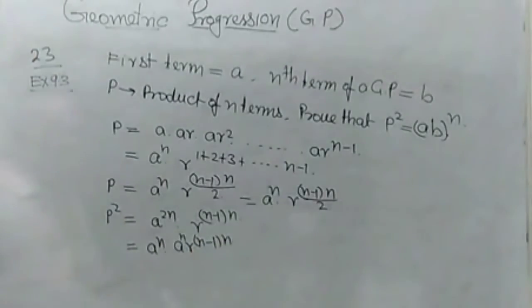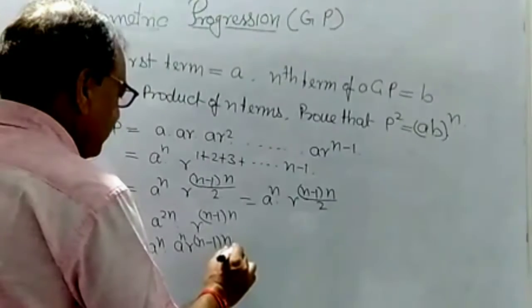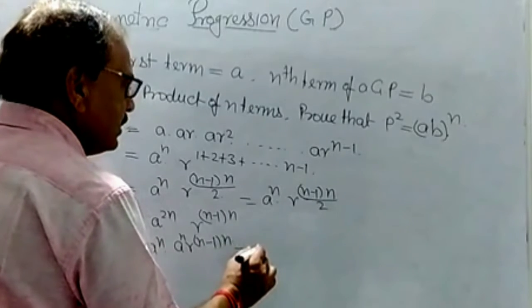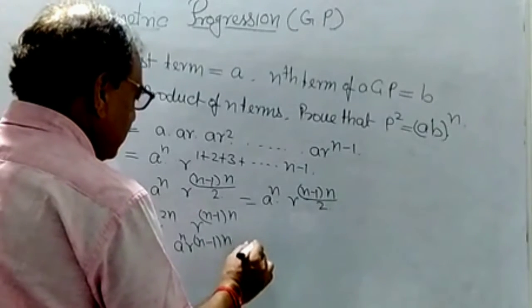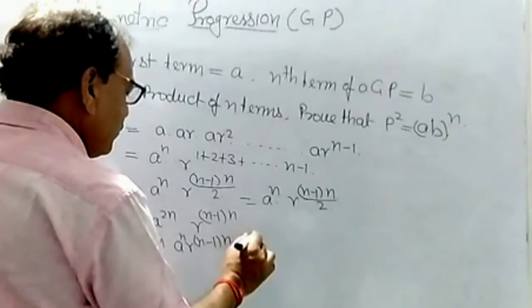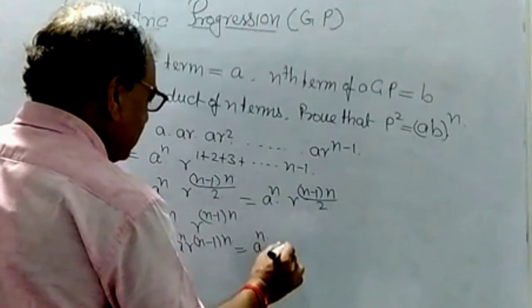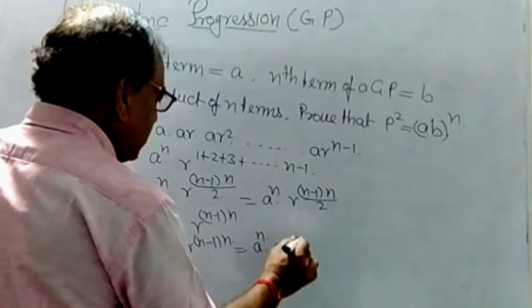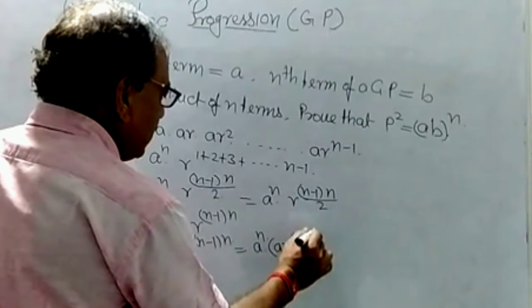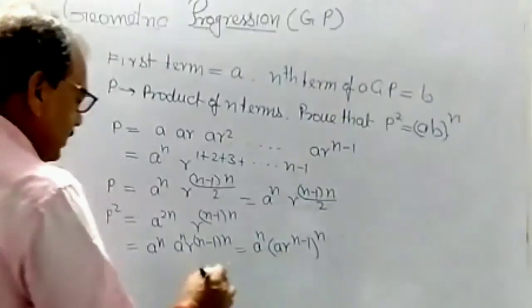In this way we can write A to the power n and AR to the power n minus 1, whole to the power n. So this will be the b.